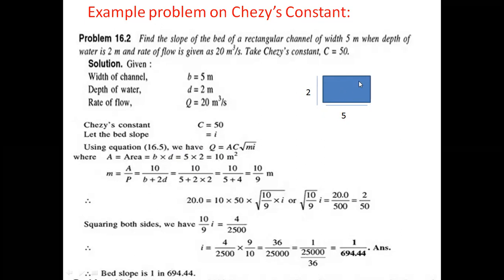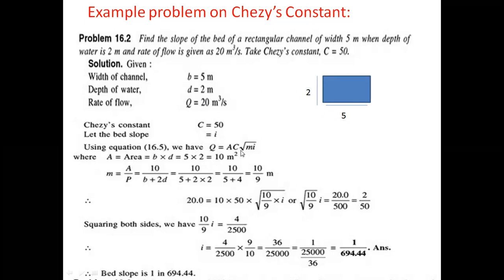So the area of this channel comes as 10 meter square. Now find the hydraulic mean depth of the channel: A by P equal to 10 by the perimeter. The perimeter formula is B plus 2D, so 5 plus 2 into 2, which is 5 plus 4 equal to 9. So the hydraulic mean depth is 10 by 9 meters.